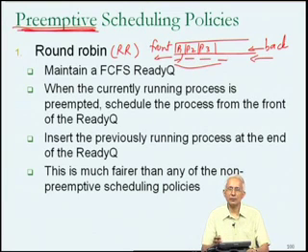and therefore in some sense we view this as being fair. So it's definitely much fairer than any of the non-preemptive scheduling policies, and we see the beginnings of fairness here, because the general idea is that each process will get one CPU time slice before the next process gets its own one CPU time slice, and a process after having got its CPU time slice enters the queue at the back, and therefore sooner or later it too will get its second CPU time slice, and so on.